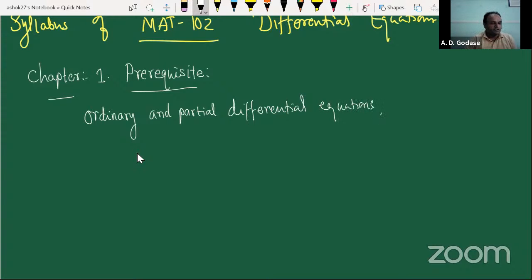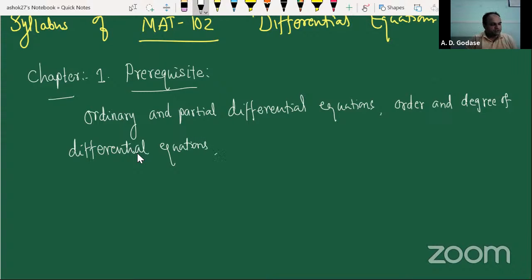Then you'll see order and degree of differential equations.